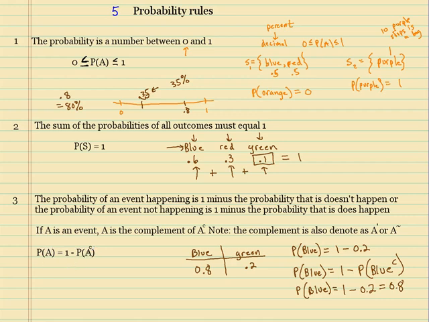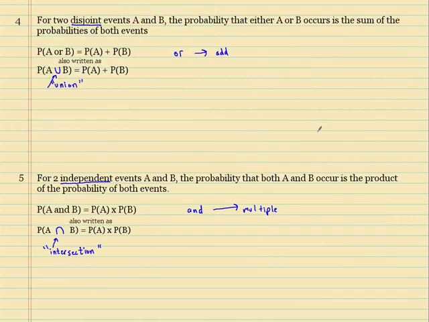This is the event, and the complement is when the event doesn't happen. So here it happens. Here it doesn't happen. Get comfortable with this notation. We use this a lot, and we'll do harder examples to show you.